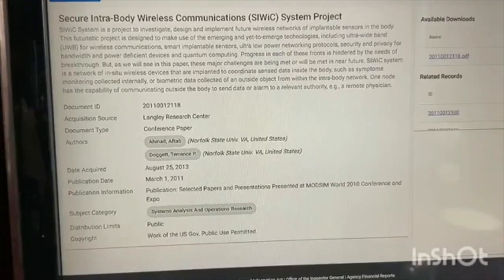One node has the capability of communicating outside the body to send data or alarm to a relevant authority, e.g., a remote physician.